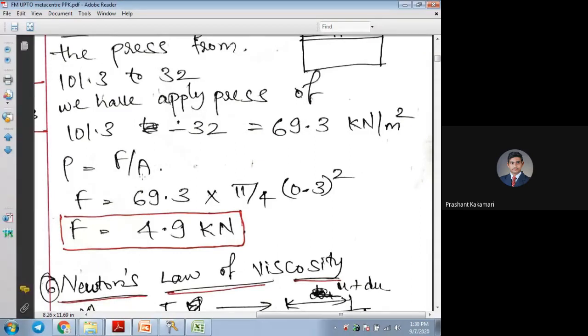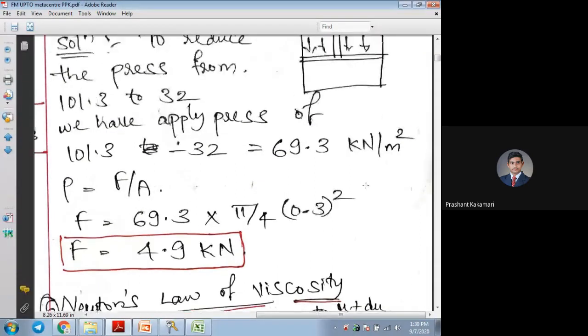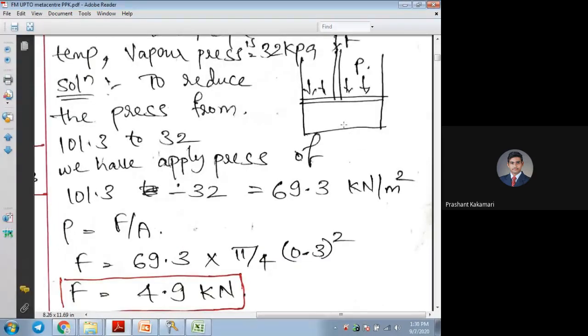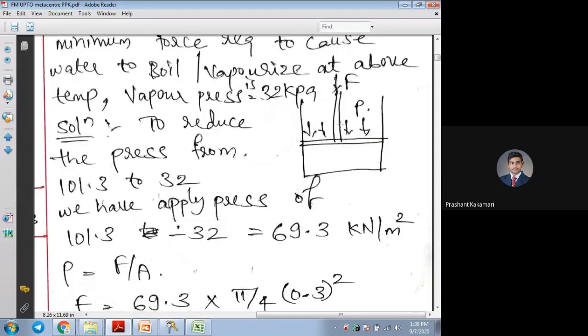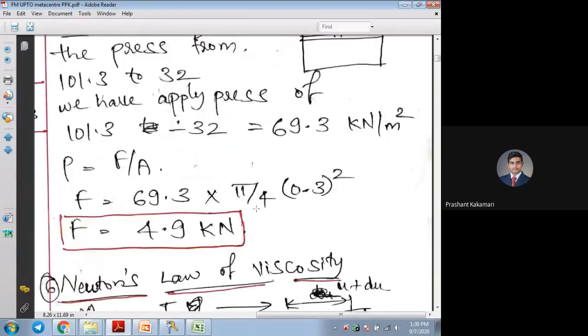So the area of the piston which is in contact with the water is what I take. The side in contact with the atmosphere has a rod, so we neglect the rod area. But the water-contact piston has the complete diameter as a circular surface. So the cylinder inside diameter is given as 300 mm. Same diameter I'll consider here.